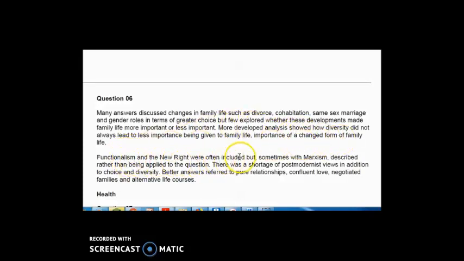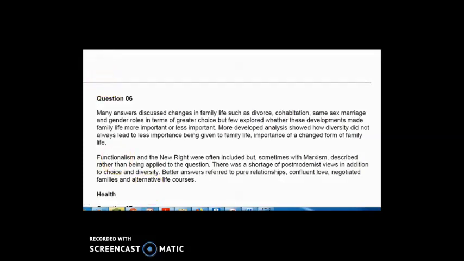Functionalism and New Right were often included, sometimes with Marxism, described rather than being applied to the question. There was a shortage of postmodernist views in addition to choice and diversity. Better answers refer to pure relationships, confluent love, negotiated families and alternative life courses. So people like Giddens, Beck and Stacey would be expected in this answer. I think Morgan would appear in here as well.